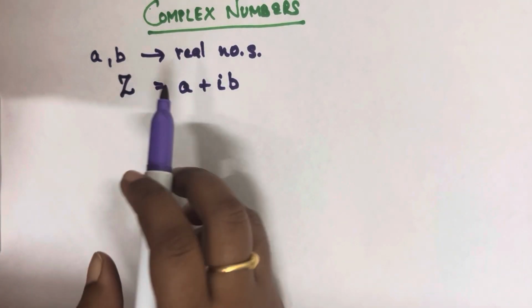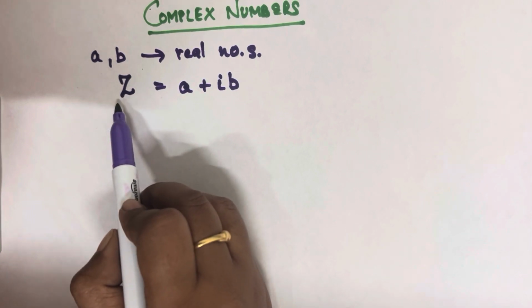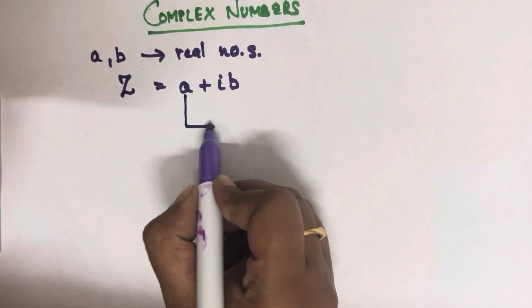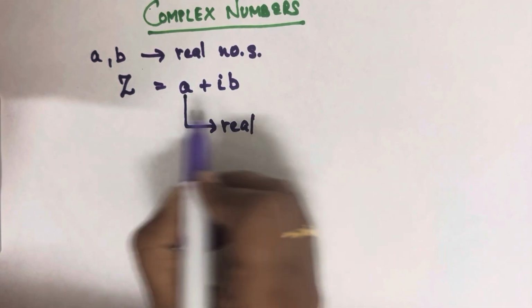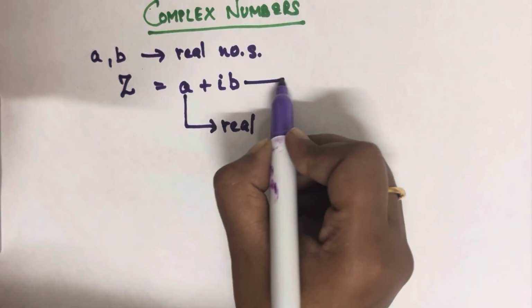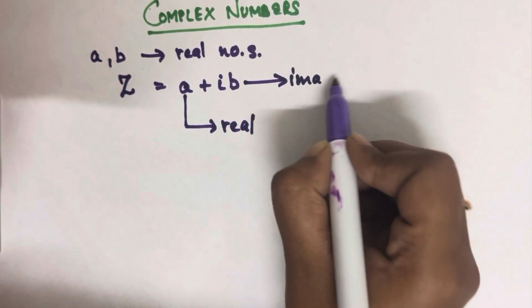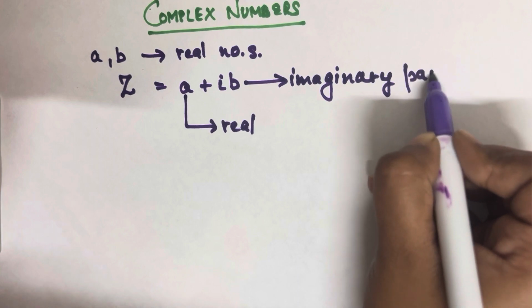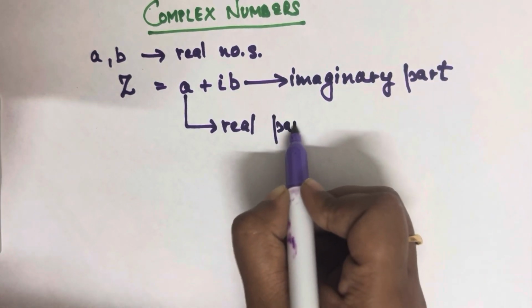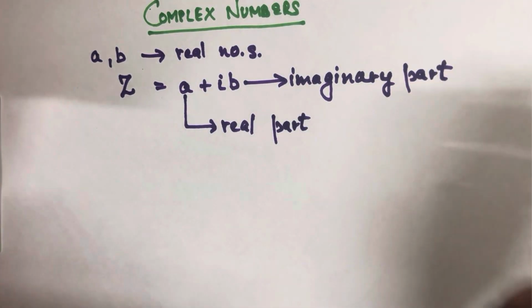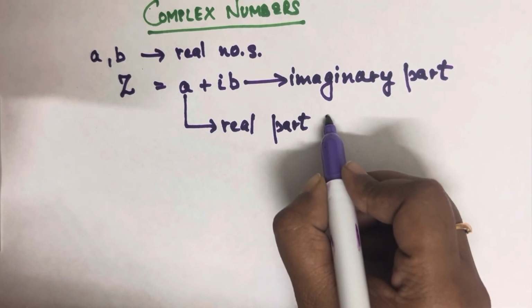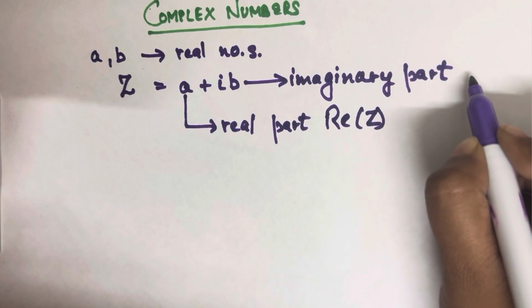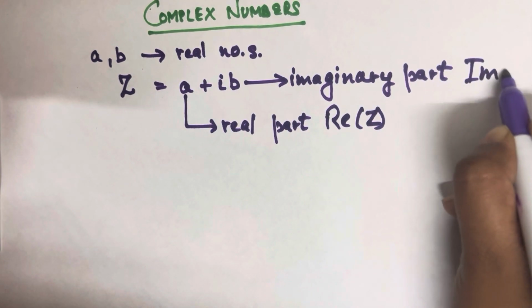So a complex number z will be represented by a plus iota b, where a will be the real part of this complex number z and b will be the imaginary part of the complex number z, right? So real part can be denoted like this and imaginary part like this.